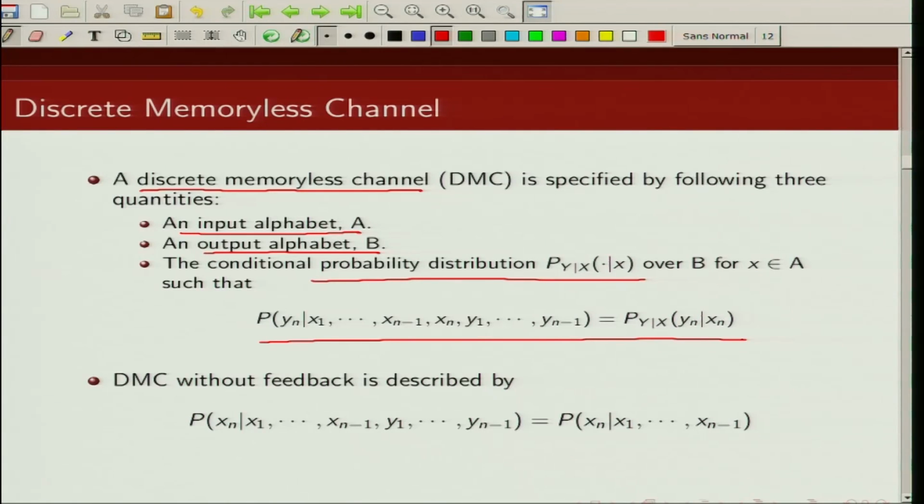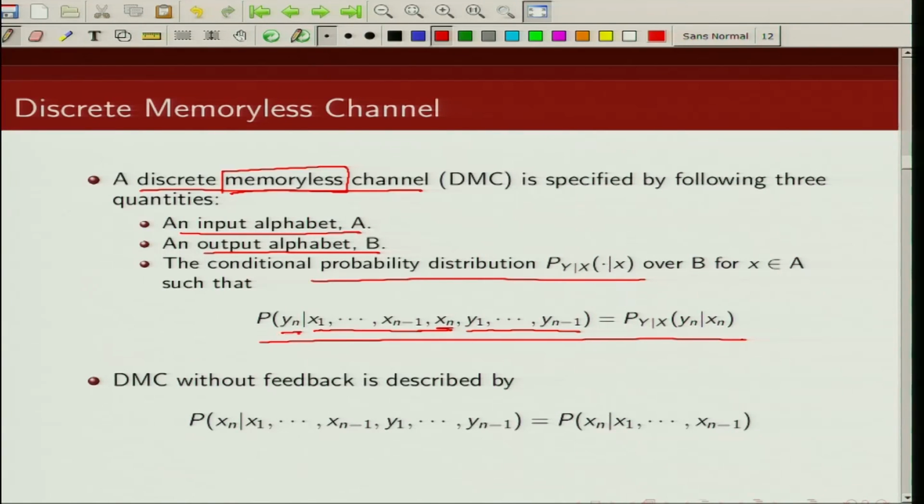Now as you can see, for a discrete memoryless channel, consider the probability of y_n given the past inputs x_1, x_2, up to x_{n-1}, the current input x_n, and the past outputs y_1, y_2, up to y_{n-1}. Because it is a memoryless channel, it does not depend on past values.